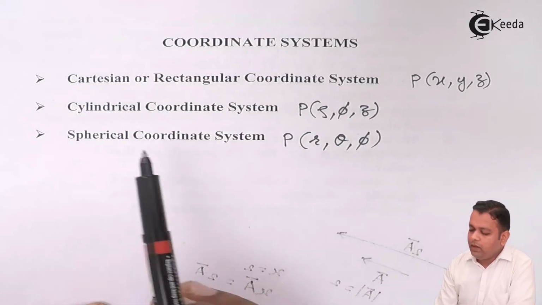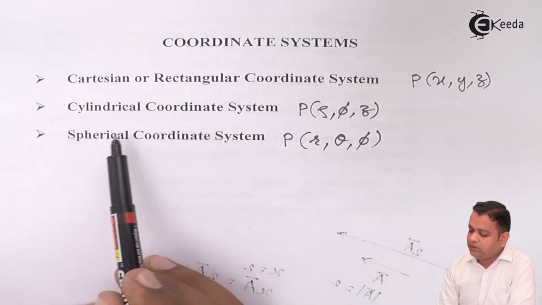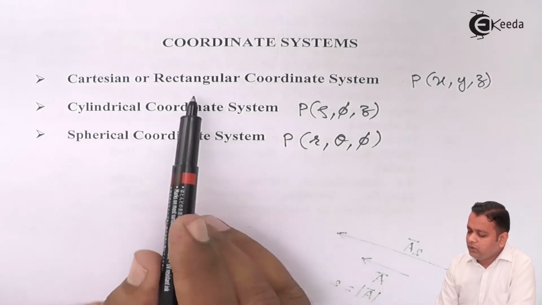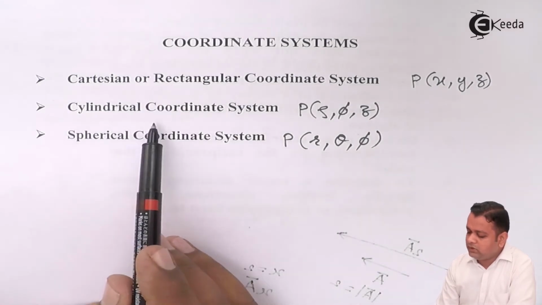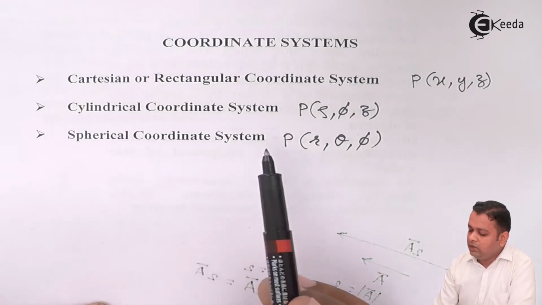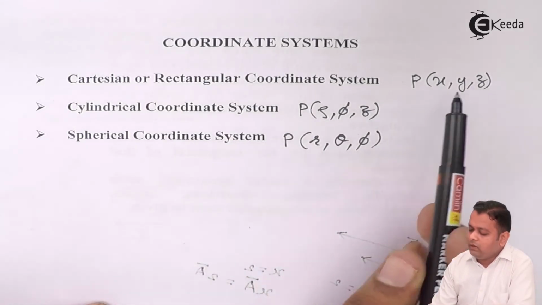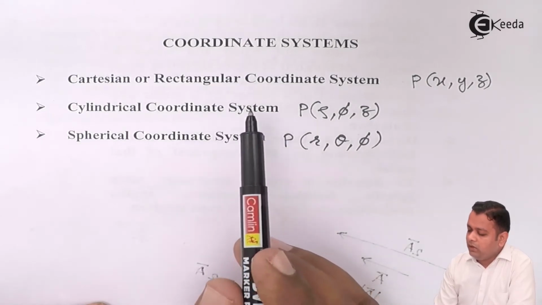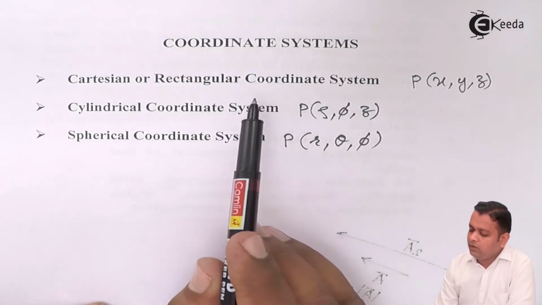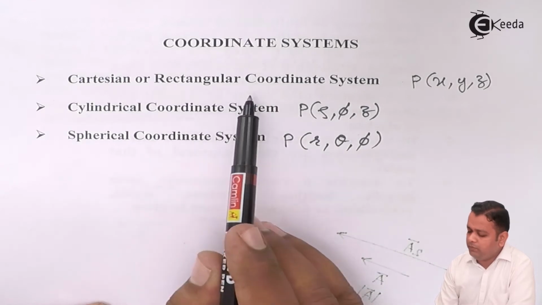As the names of these coordinate systems describe the rectangular shape, the cylindrical shape and spherical shape, here x, y and z describe the length, breadth and height of a rectangular parallelepiped.